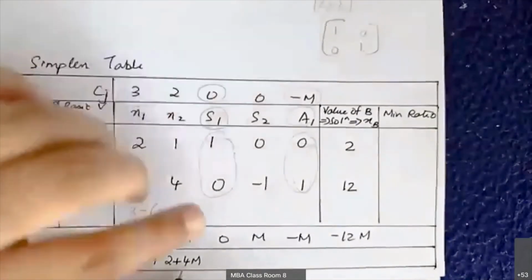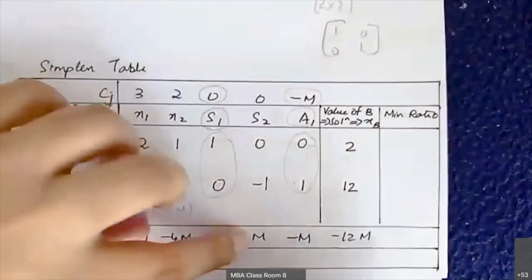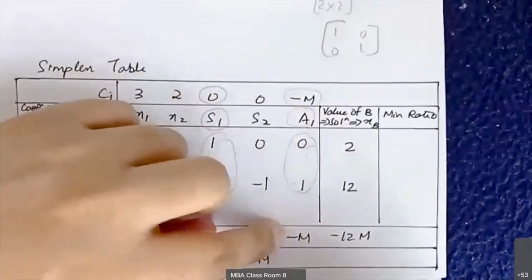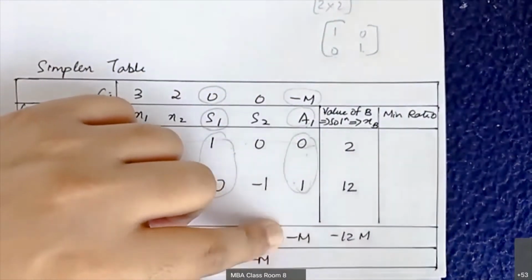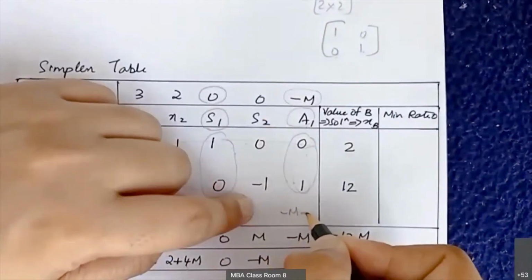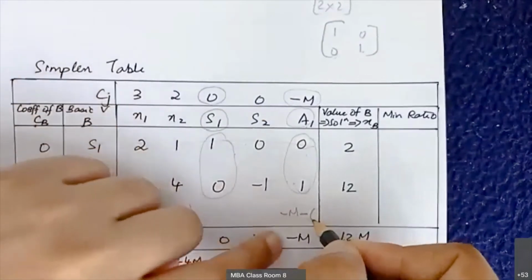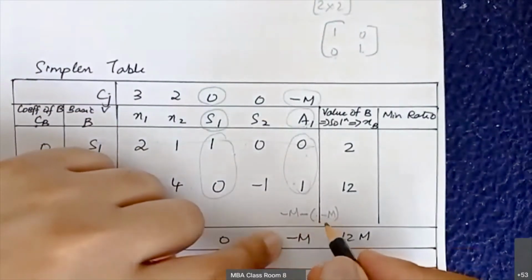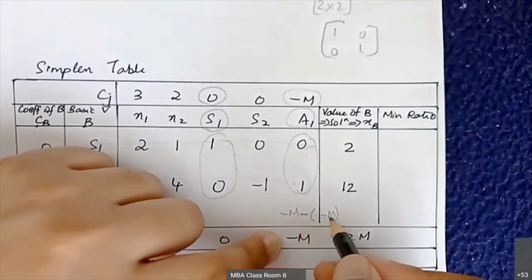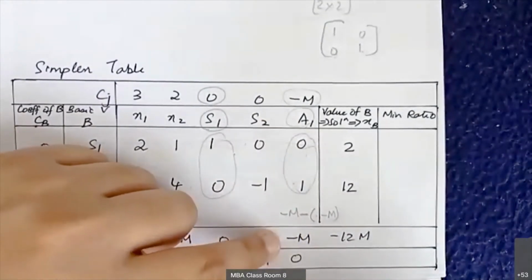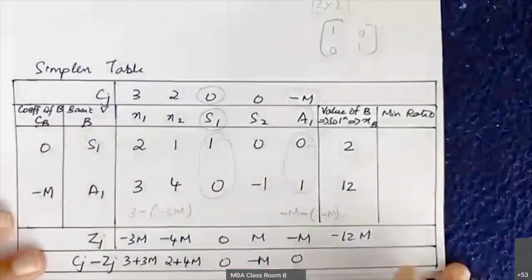Okay, 0 minus 0 is 0. 0 minus M is minus M. Then minus M minus of minus M becomes minus M plus M, so we'll have 0. So this is our Cj minus Zj value.